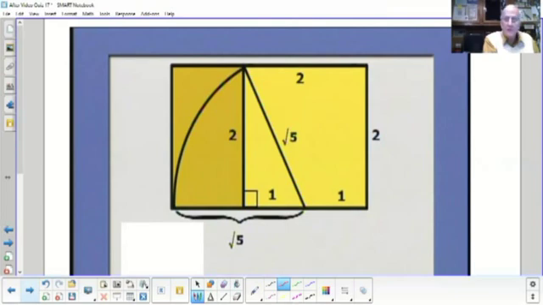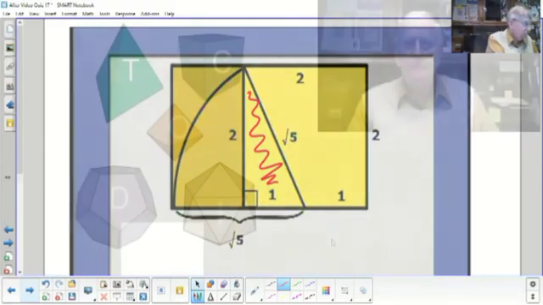That triangle is referred to as a golden triangle, because remember, this golden triangle has the property that its legs are related, that one is twice the length of the other. Not the hypotenuse now, but one of the legs is twice as long as the other. Any right triangle that has that property, where one leg is twice the length of the other, is known as a golden triangle. So keep that in mind.